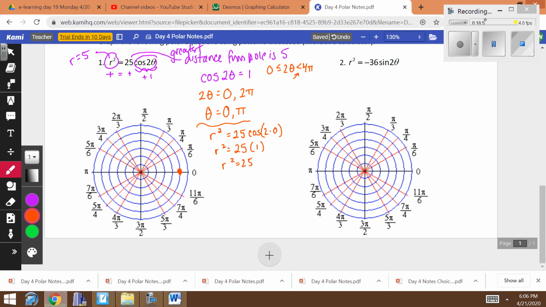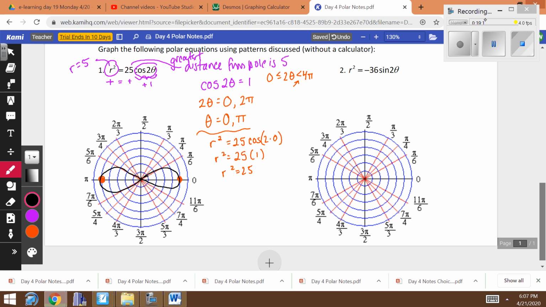That would be the point right here and a point right here. At pi, if I put pi in, that would be positive and negative 5 as well. We talked about the fact that the negative is just in the opposite direction. So that is how we create our figure 8 along the way here. Can draw it in. Hopefully yours looks a little better than mine, and we get our figure 8.